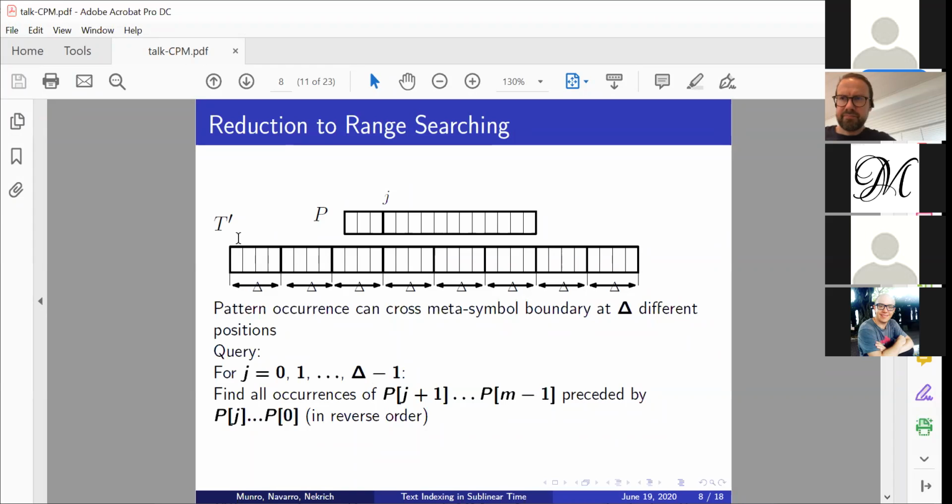So we must identify all occurrences of the pattern P without the first j symbols and preceded by the j symbols in reverse order. And we have to do it for all j between 0 and delta minus 1.